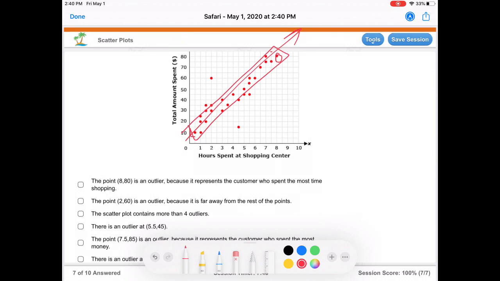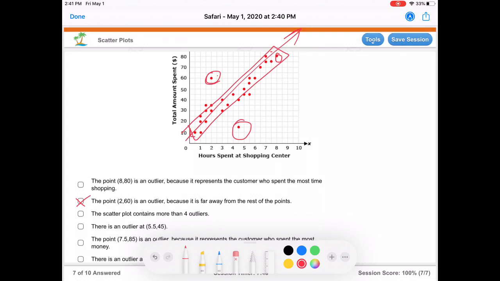260, however, they only spent 2 hours at the mall and spent $60. That is definitely an outlier. So we're going to select that one eventually. The scatter plot contains more than 4 outliers. I'm really only seeing 2. The 260 and the 4.5, 15. It's very rare that somebody spends 4.5 hours at the shopping center and only spends $15.